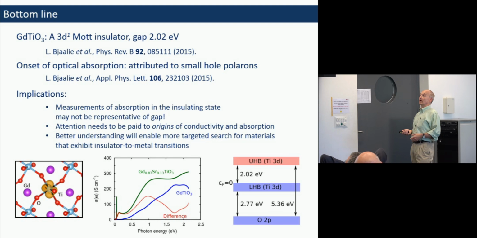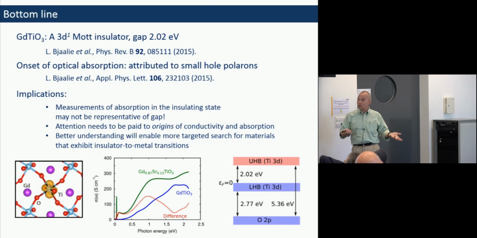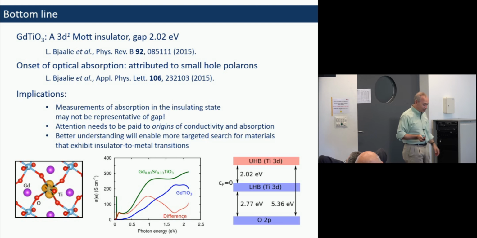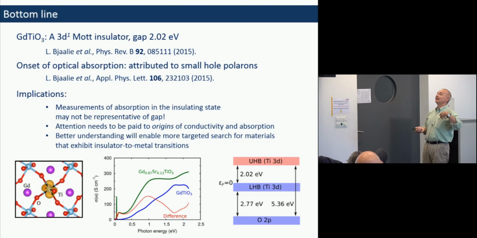Okay. So the bottom line for the purposes of this talk is that doing a particular experiment doesn't necessarily mean that you're addressing the actual quantity that you think you're measuring, right?